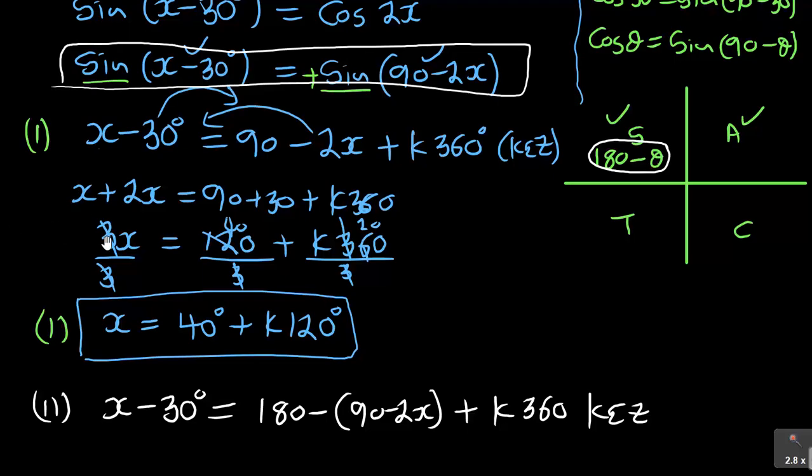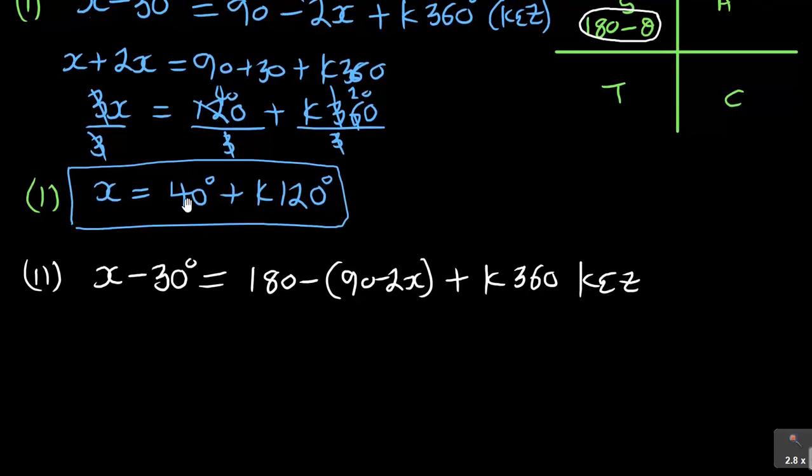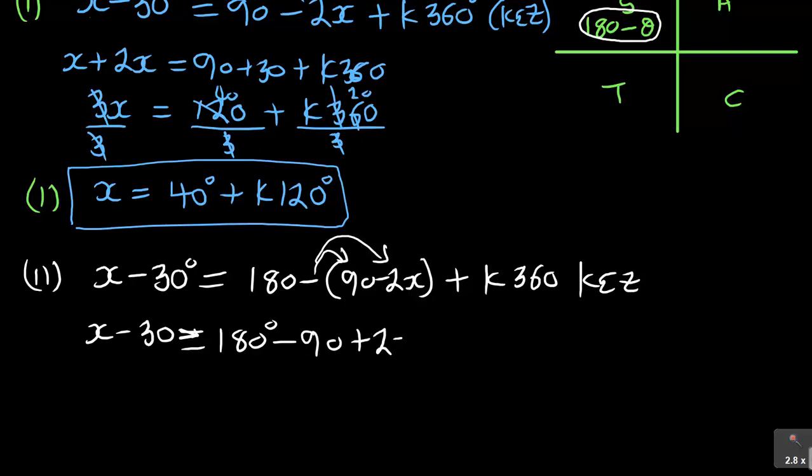So when you've done that, what is important is for you to further simplify that, which is x minus 30 is equal to 180 degrees minus, open the bracket, and the negative will make the negative 2x positive, so it's minus 90 plus 2x plus k 360.